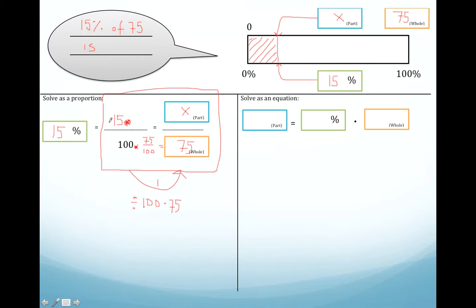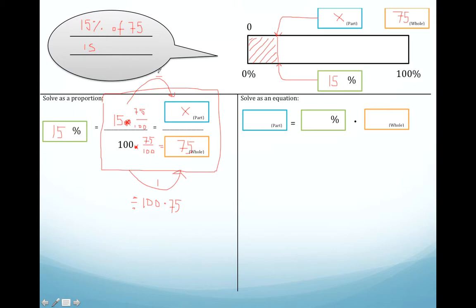Now in proportion, fractions need to be equivalent. So whatever I did to my denominator, I have to do to the numerator. If I knew the missing factor as a quotient divided by the known factor, 75 over 100, I can find my x that way. If you choose to go through 1 in the denominator, you have to do the same to the top.